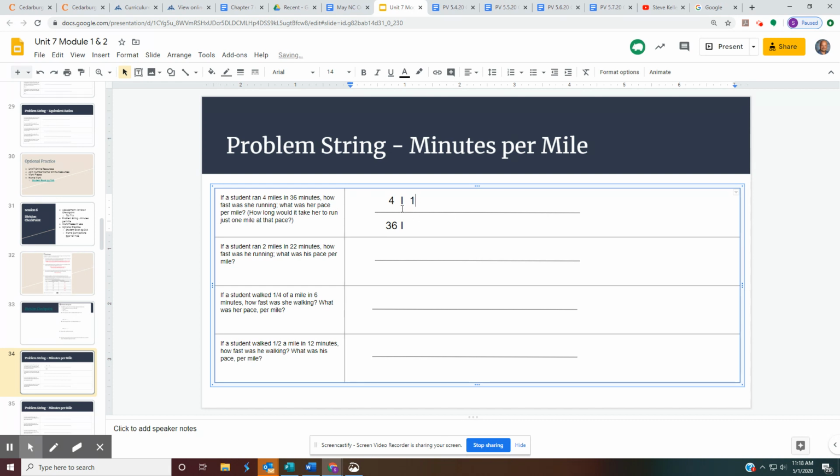So I would put my 1 on top because my miles need to match up. And for me to be operating in the same ratio as 4 to 36, I have to look at what I'm doing to the 4 to get 1. And it looks like I'm dividing by 4. So what is 36 divided by 4? 9, right? So it takes 9 minutes for each mile, okay?